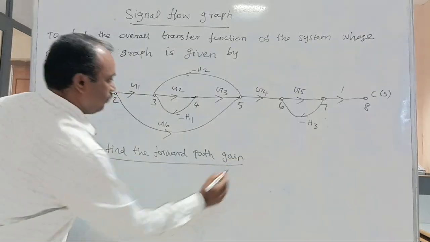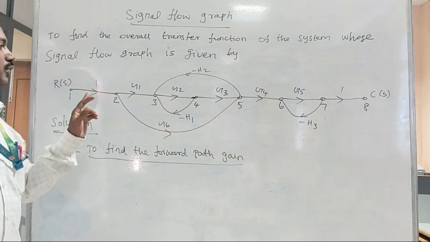First, how many forward paths are there?